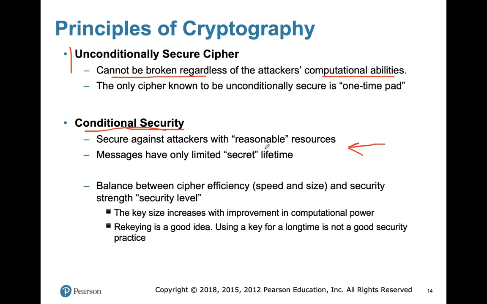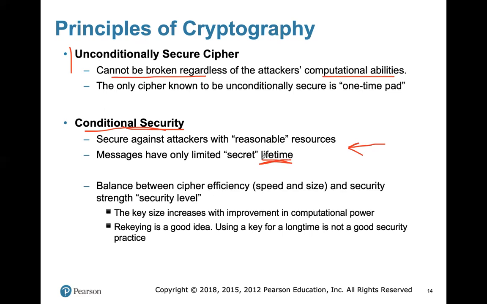For example, let's say your sensitive data is your credit card data, and you're going to save it somewhere secure, and of course you don't want anyone to get access to it. Yes, that's true. But how long do you want to keep that data secure? There is a lifetime for that security requirement.